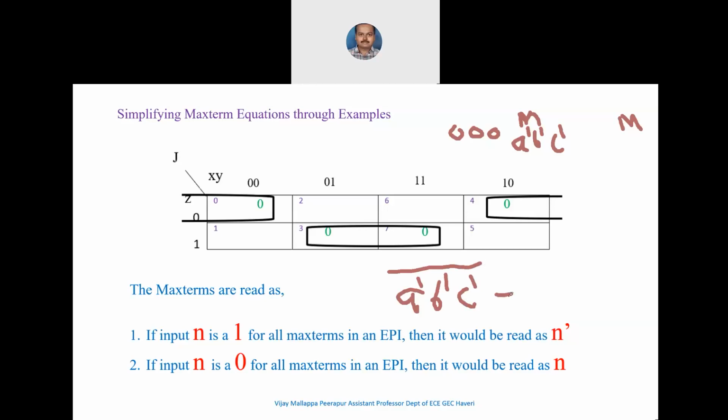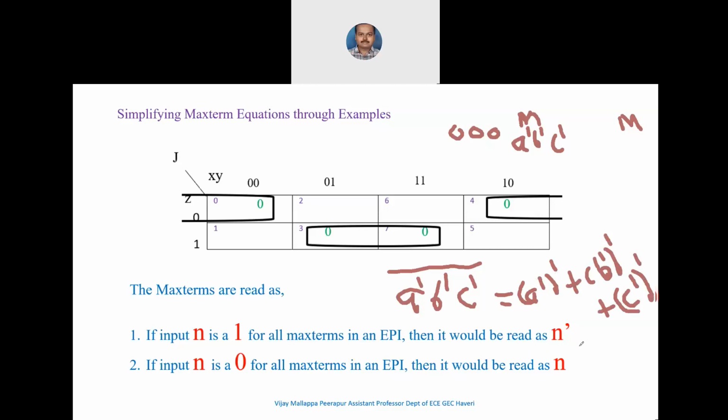Apply De Morgan's theorem, what do you get now? A bar whole bar, right? Or B bar whole bar, or C bar whole bar.